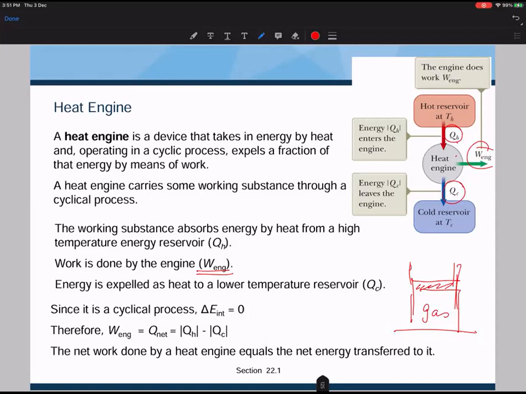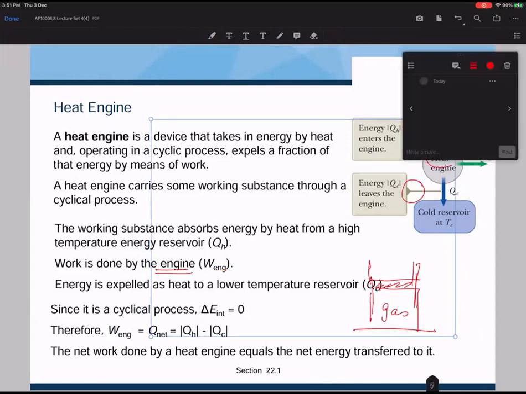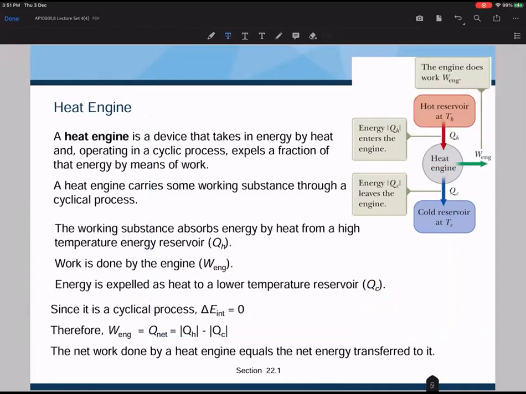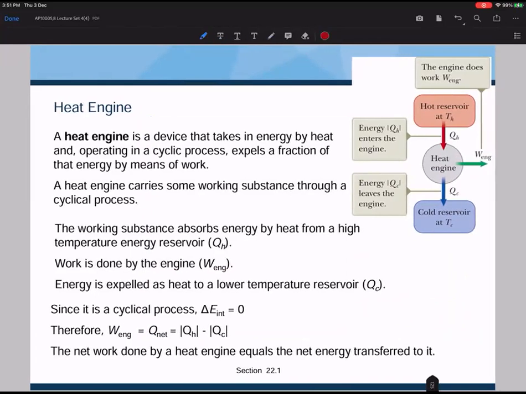So the flow of energy can be summarized by the equation here. The work done by the engine is equal to the heat energy input from the hot reservoir minus the heat energy thrown away to the cold reservoir.